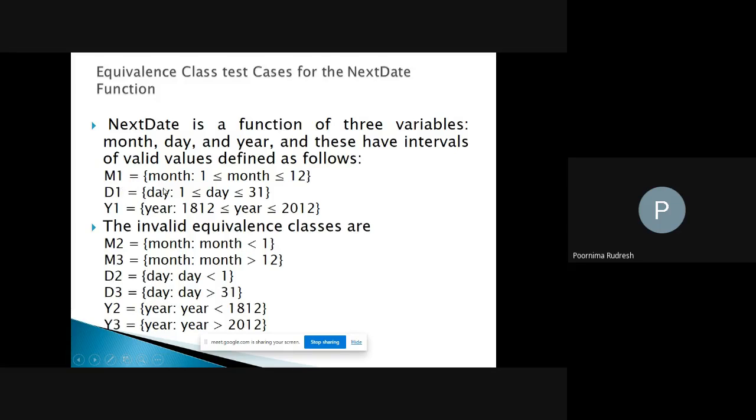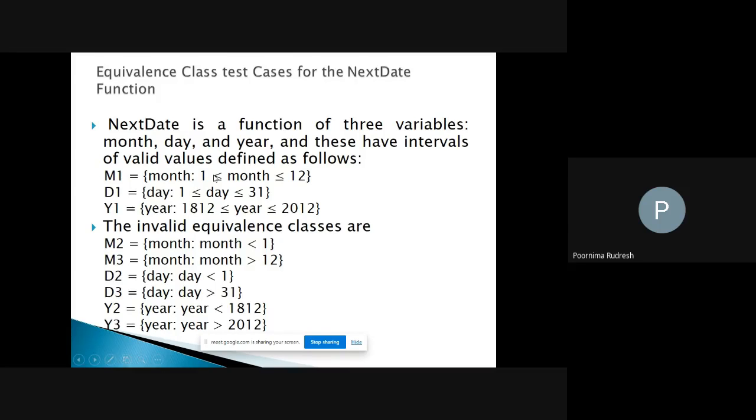The months should be from 1 to 12, and the days should be from 1 to 31, and the range is defined for the year also. There we have considered it from 1812 to 2012, right? So if the year value is greater than 2012 or less than 1812, that will be treated as an invalid value, right?